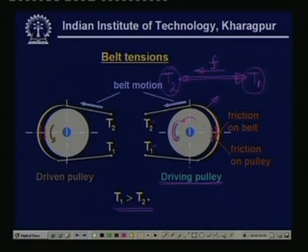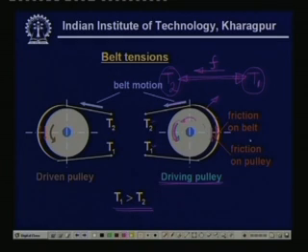Now, onwards we will always refer in this particular discussion that T1 is the tight side and T2 is called the slack side. That means T1 is the higher tension side and T2 is the lower tension side.